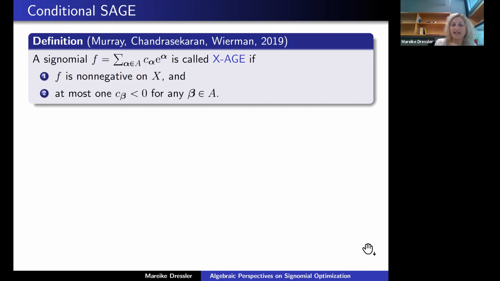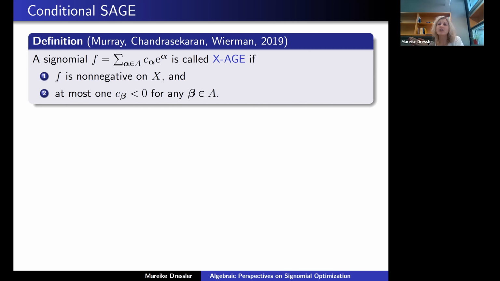We conditionalize this situation. This duality argument we talked about also generalizes to constrained problems. That is, if we want to test non-negativity on a specific set X. First of all, again, a definition. We call a signomial that is non-negative on a specific set X and has at most one negative term an XH, right?